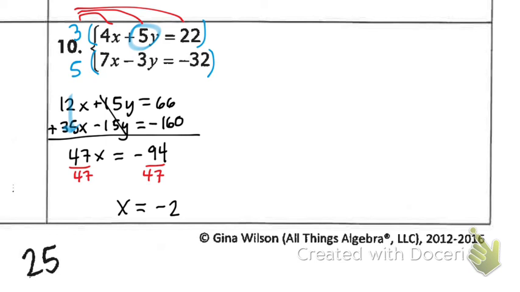Okay, then you need to plug in the x to one of the original equations to find y. If we just use the top one, 4x, instead of x, we have 4 times negative 2, plus 5y equals 22.